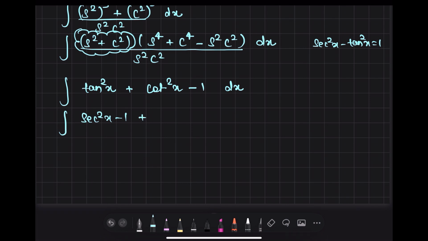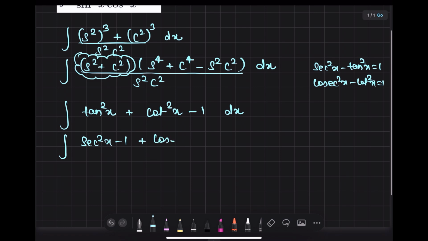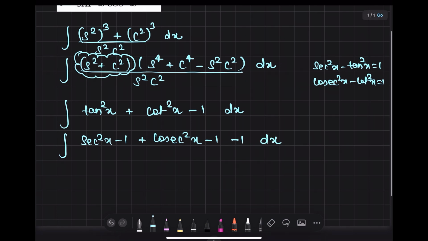Similarly, we will apply the cot^2 x formula. So it is cosec^2 x minus cot^2 x equals 1. So cot^2 x will become cosec^2 x minus 1, and then we have one more minus 1.